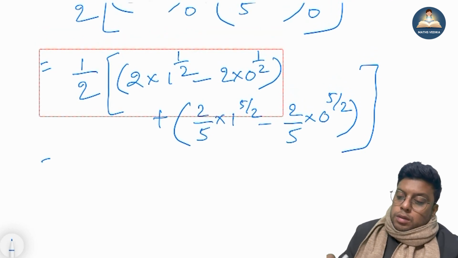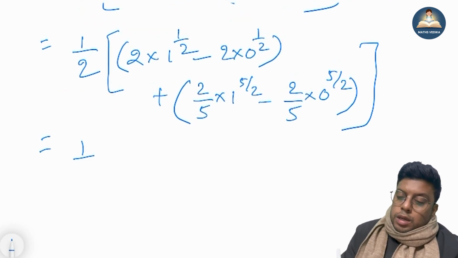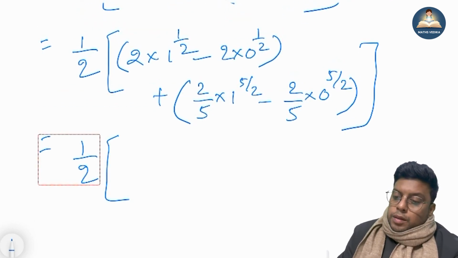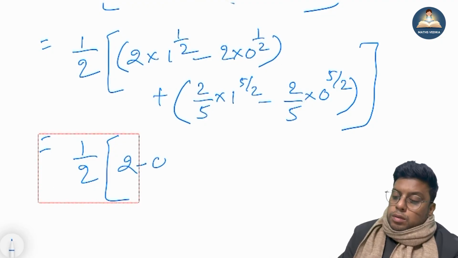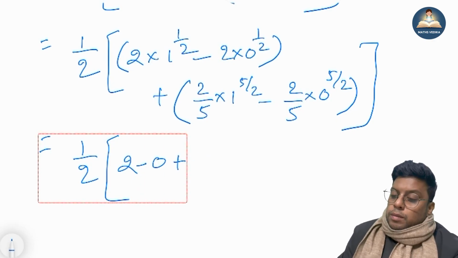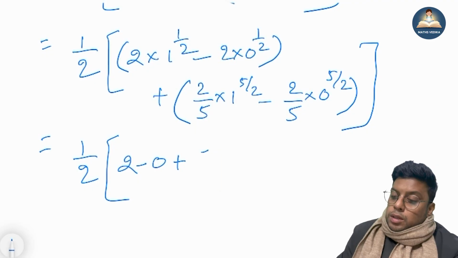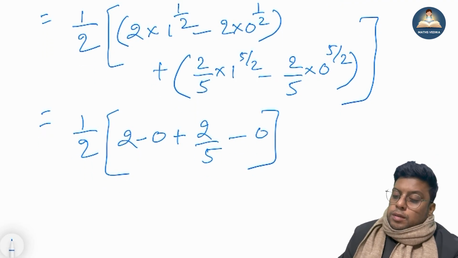Now this is equal to half, 2 into 1 to the power half will be equal to 2, minus 2 into 0 is 0, plus 2 by 5 into 1 to the power 5 by 2 is equal to 2 by 5 minus 0.